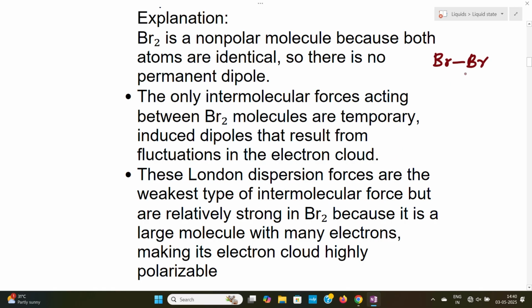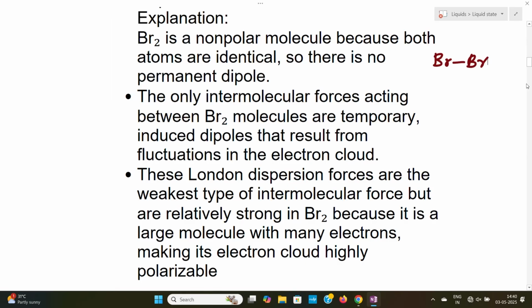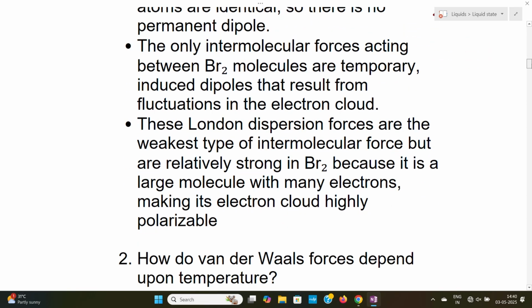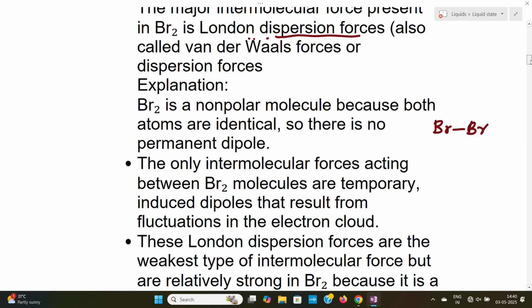In bromine, since the electrons are moving around the nucleus, there are fluctuations in the electron cloud, and at some point a dipole forms. That is why in bromine we have London dispersion forces.